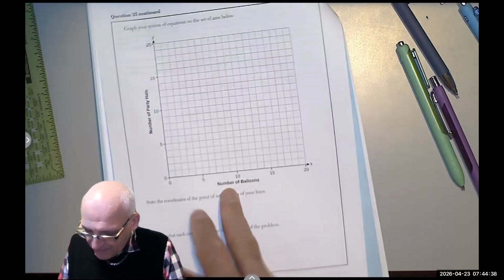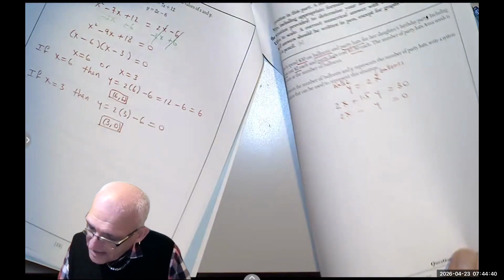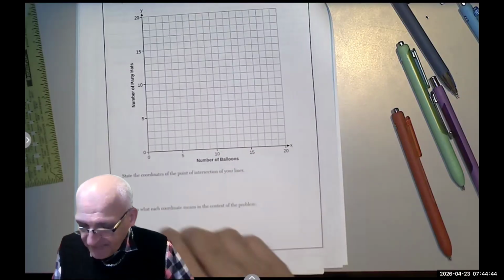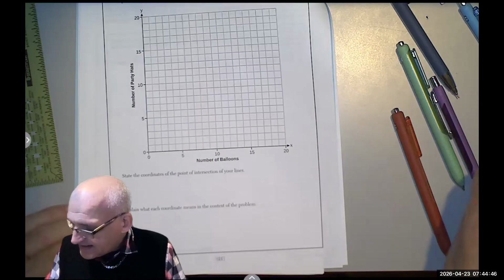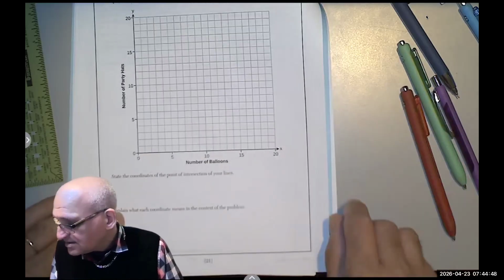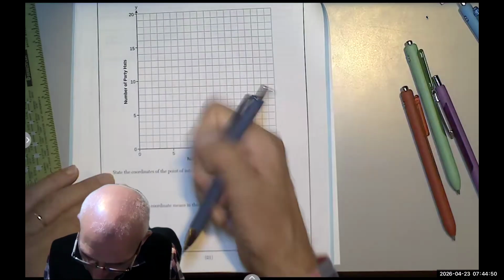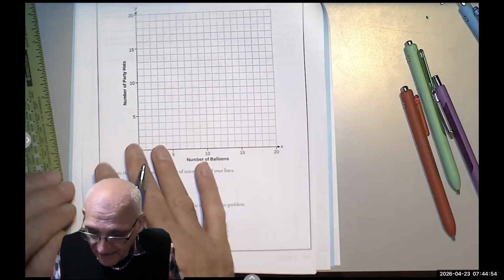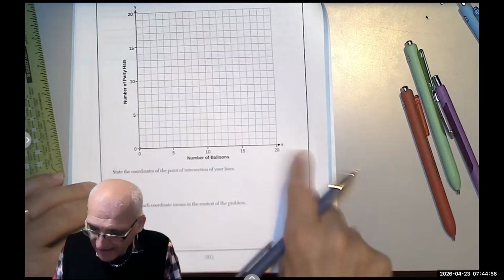Okay, so remember the first equation was y equals twice x. Y equals twice x, meaning we don't have a y-intercept, right? There is no constant. So the line passes through the origin, and y is 2x.